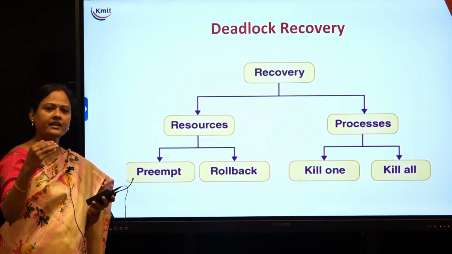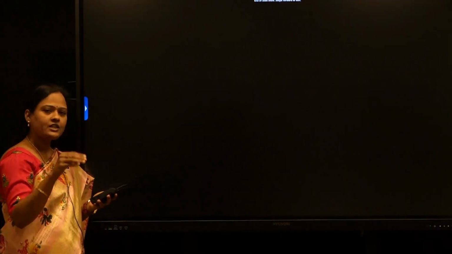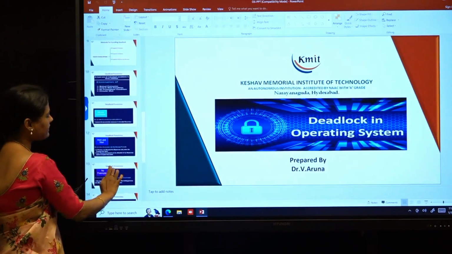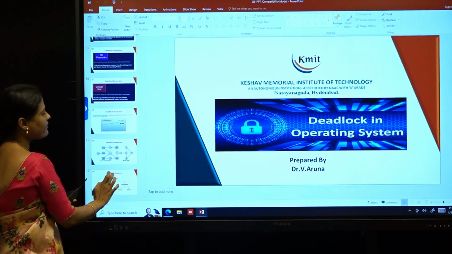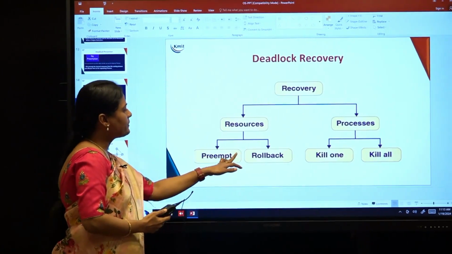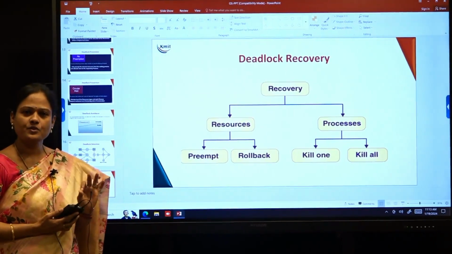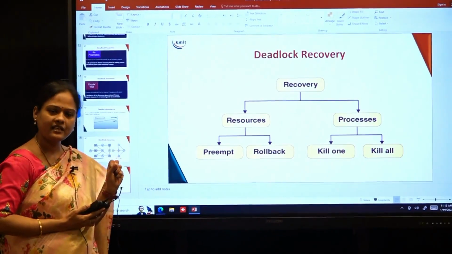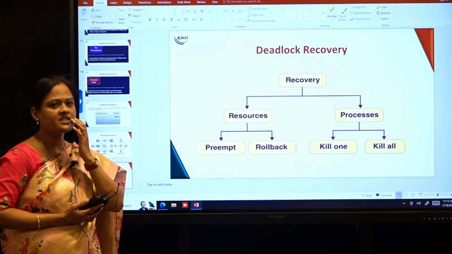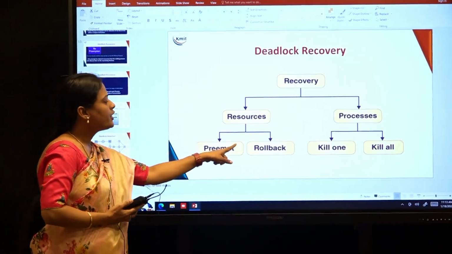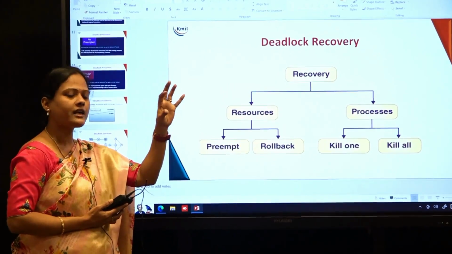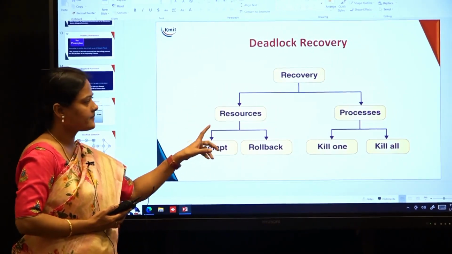Before allocating the resources, before getting into the deadlock, you may have been in a state that was not under deadlock, so you roll back to that previous state where it is safe. These are the two methods we take in case of resources: either you forcibly take the resources held by some process and allocate them to a process which is waiting for them, or else you go back to the condition where, before allotting, the system was in a safe state.